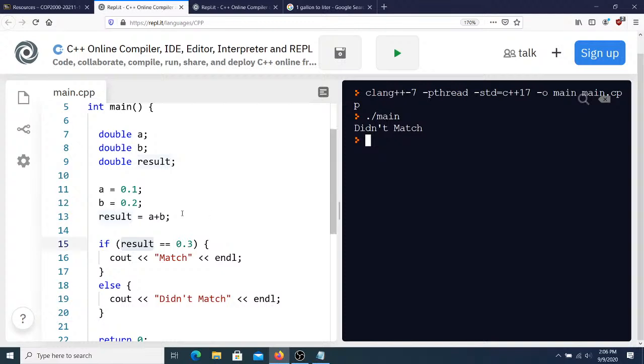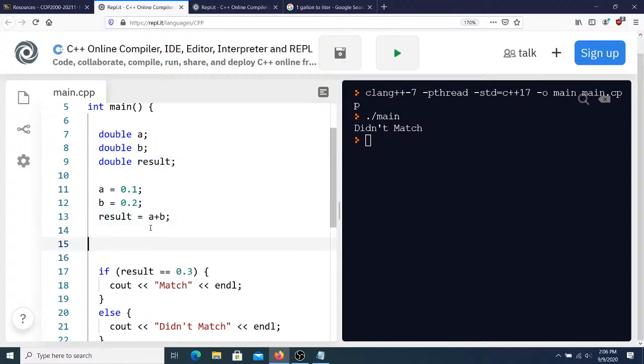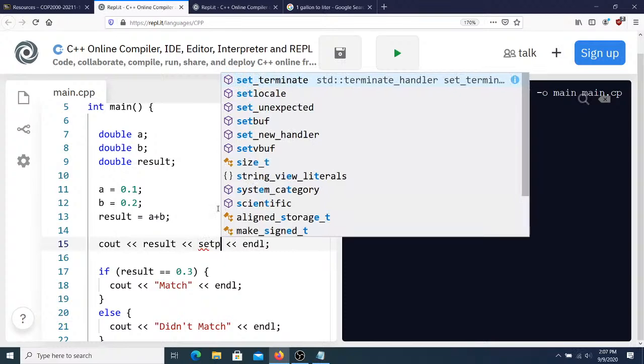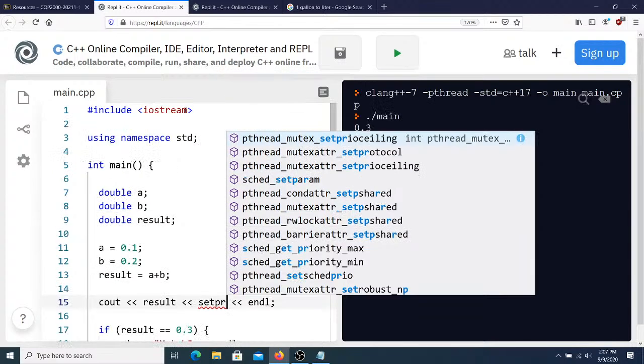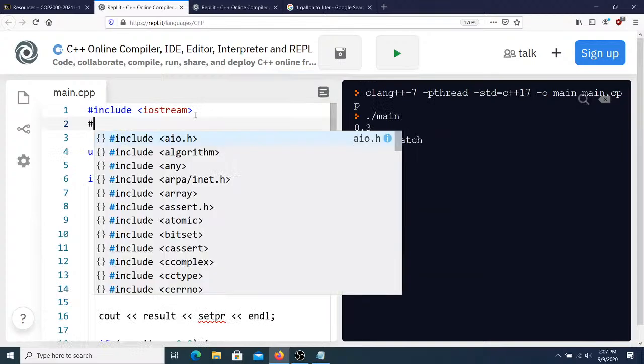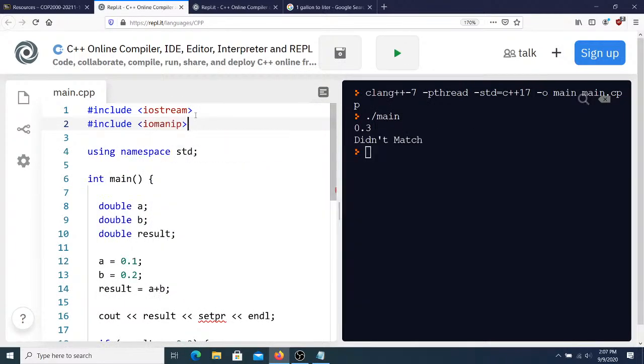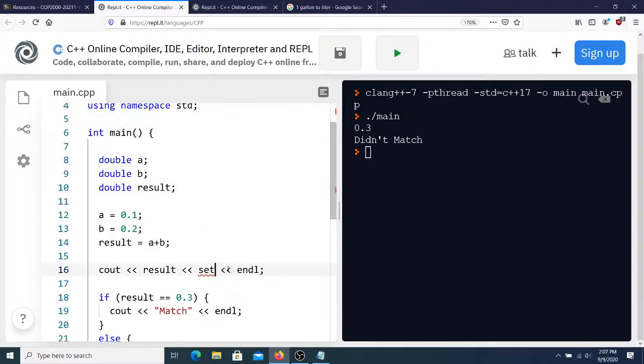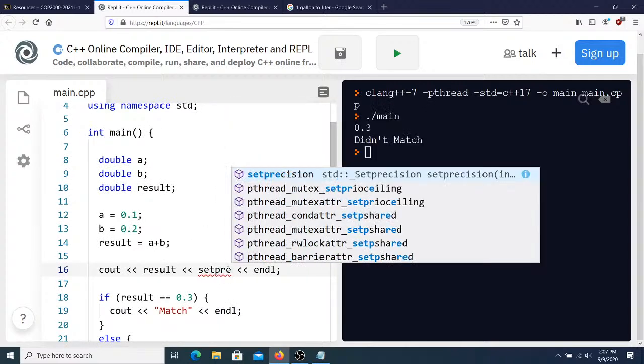It's very strange. So let's take a step back and see what the result actually is. Well, it's 0.3. That's really weird. Let's do something else here. I think I have to do an include for this. There we go.